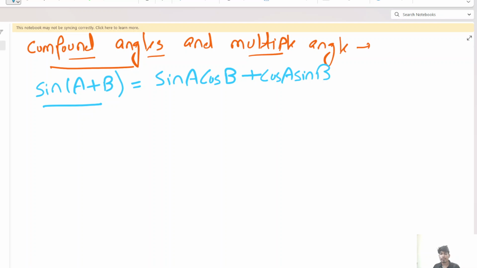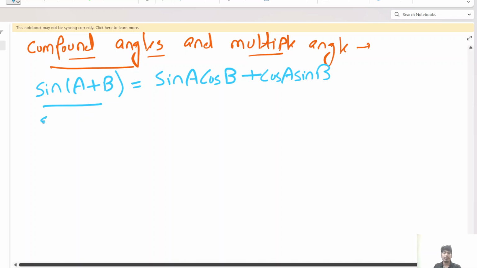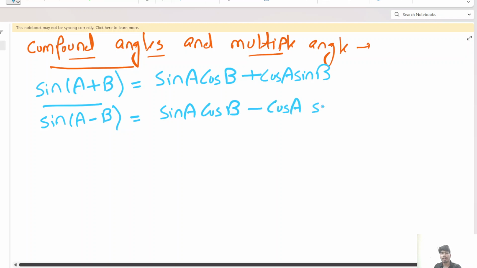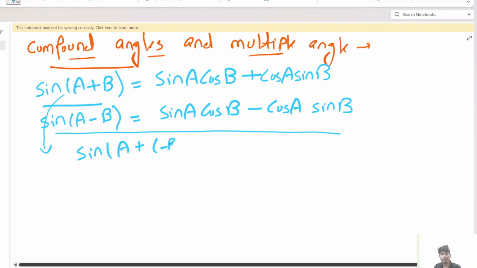Then second is sine of A minus B. What is sine of A minus B? Sin A cos B minus cos A sin B, okay. You can simplify this as sin of A plus or minus B.